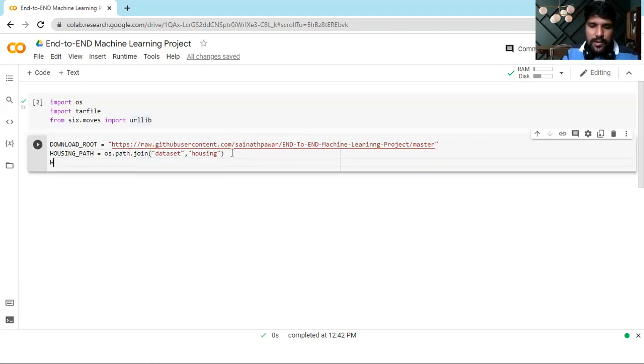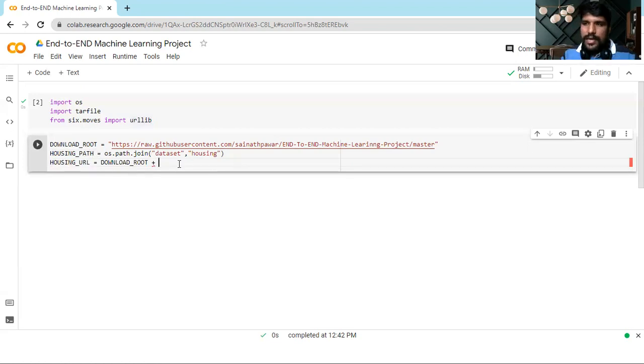So os.path.join, and my complete URL link is housing underscore URL, which is my download root plus this, my actual GitHub link. In that GitHub link I have the directory called datasets, in that housing, and below the housing directory my dataset is stored. So I mentioned the housing path, this is my link, and now to make the URL, I add this download root plus housing path.